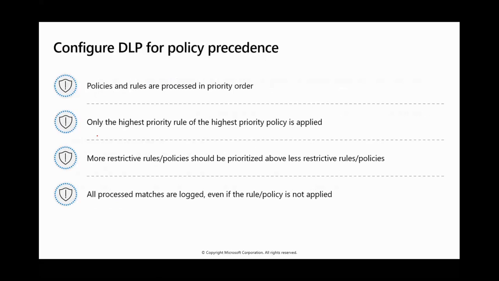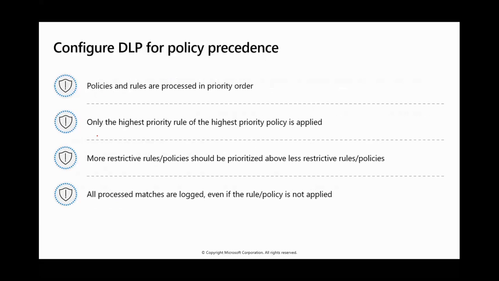Only the highest priority rule of the highest priority policy is going to be applied. So if we have similar policies but one of them has a higher priority, we are going to execute only that highest priority rule.